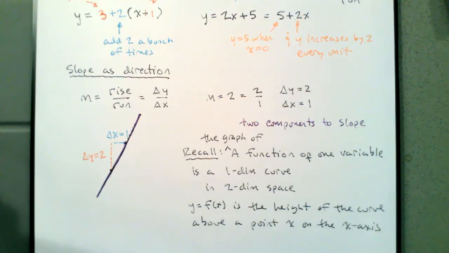And that's why we end up with a one-dimensional curve, because we're plotting the height over one dimension in our two-dimensional space. So now we need to upgrade all this to a function of two variables.